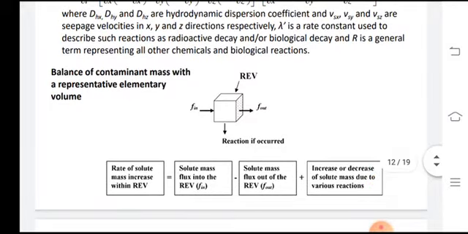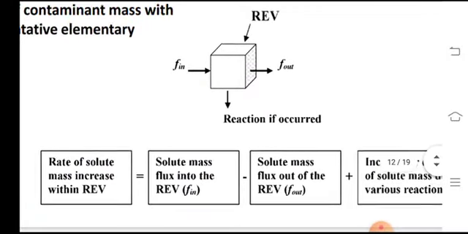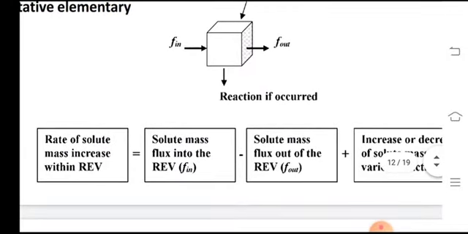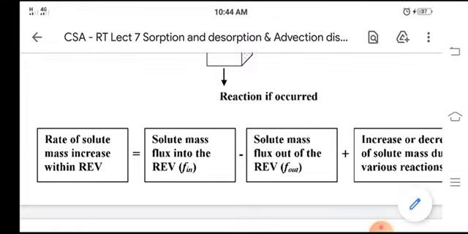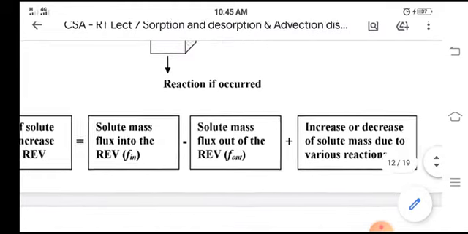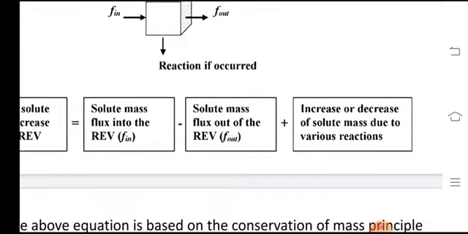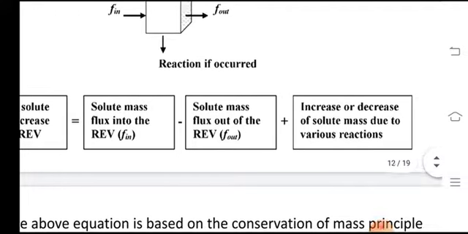So this is more important for us to understand. Anything coming inside is equal to the outside, as well as the processes which are taking place inside this box. So here you can see the rate of solute mass increase within the volume is equal to the solute mass flux in minus solute mass flux out, plus the increase or decrease of solute mass due to various reactions.